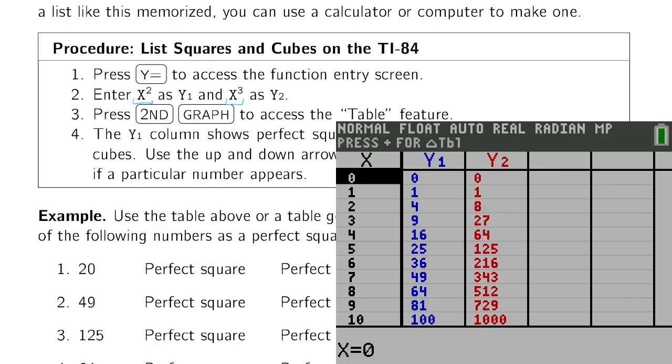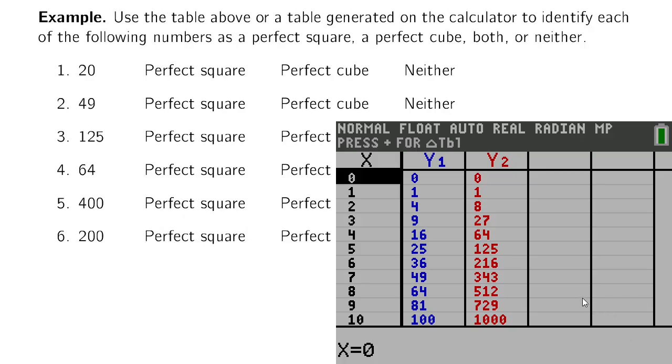And from here, I'm going to look at the numbers that I want to consider, because I may need to scroll through this list. So 20, I notice that 20 is between 16 and 25. So it's not a perfect square. I notice that 20 is between 8 and 27. So it's not a perfect cube.